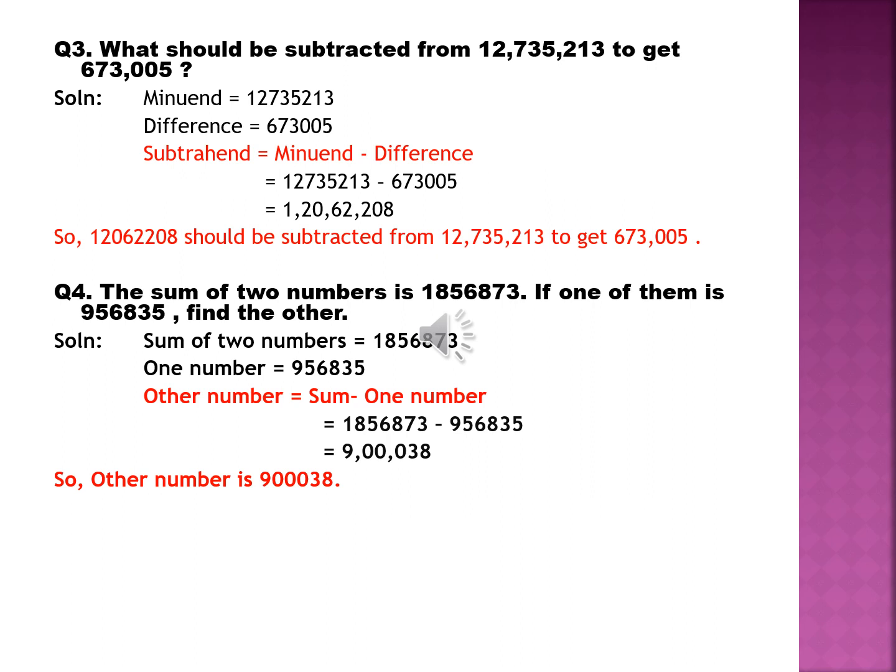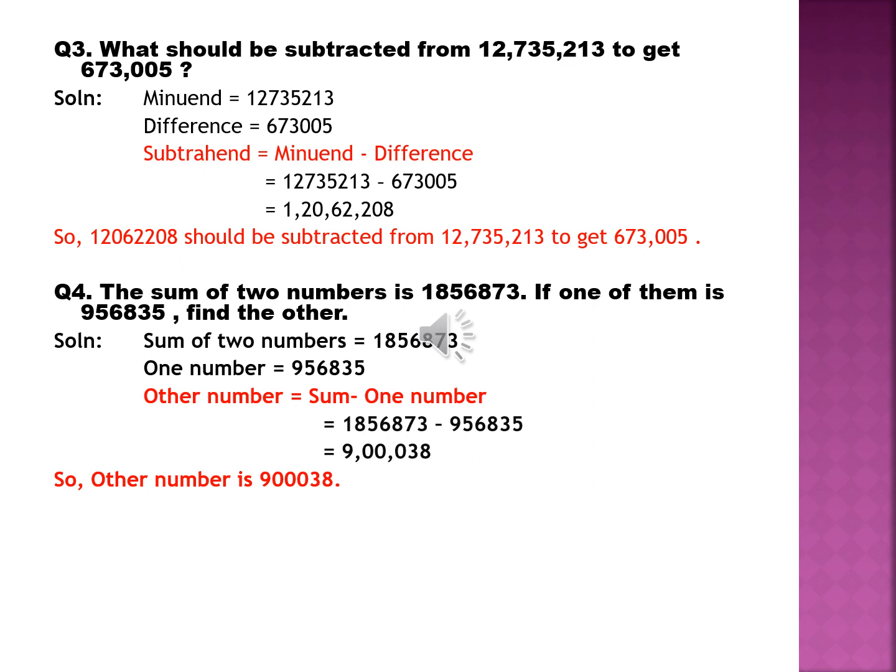It is a similar question which we have done earlier also. You have to find out the missing addend. So other number is equal to sum minus one number. So you can subtract and find out the other number. So other number is 900,038.